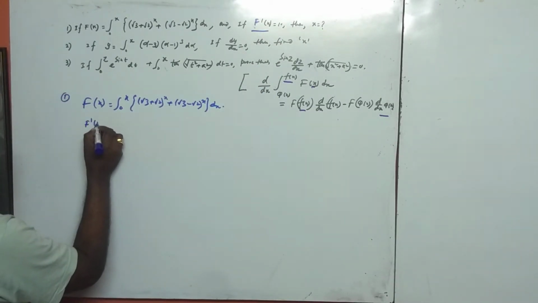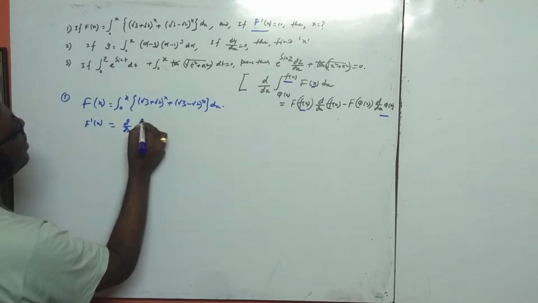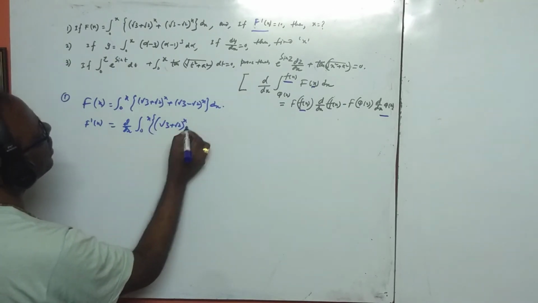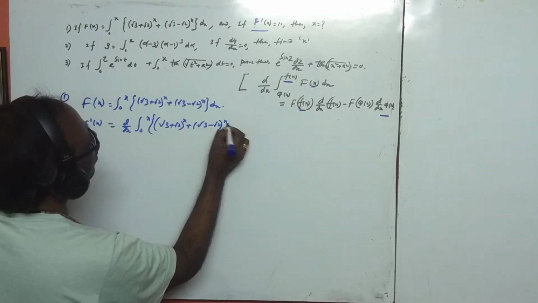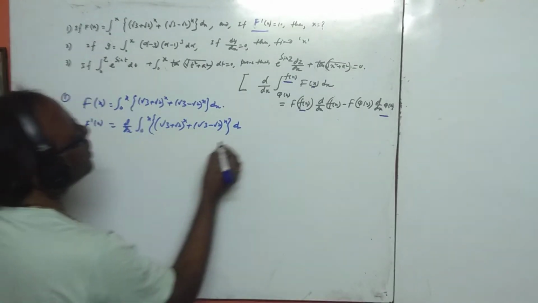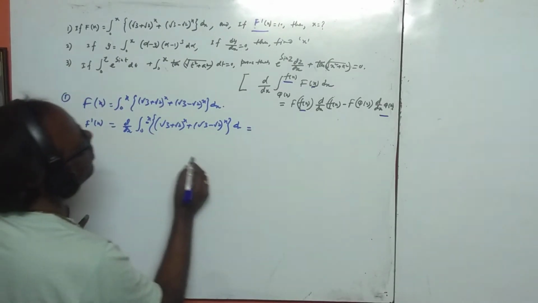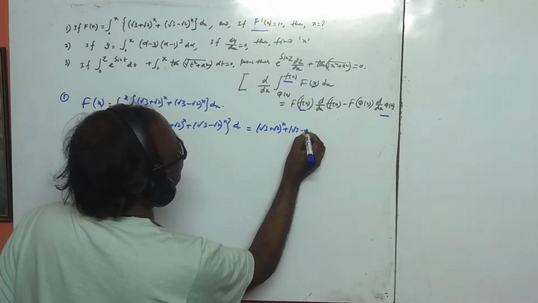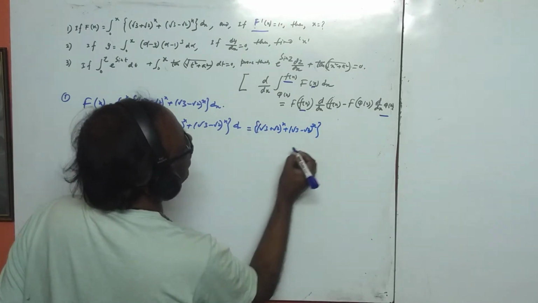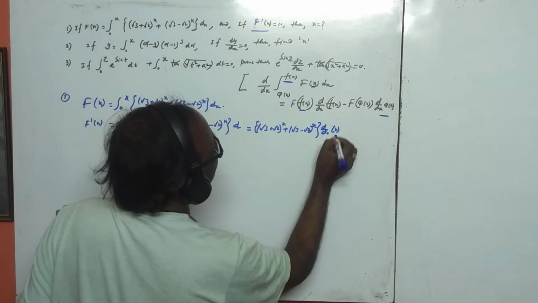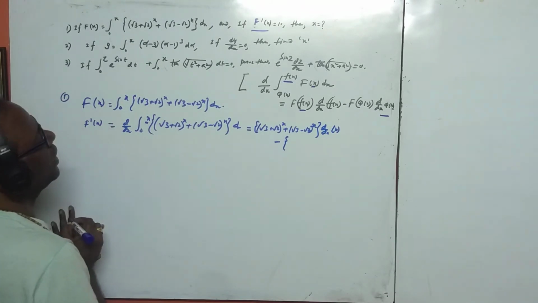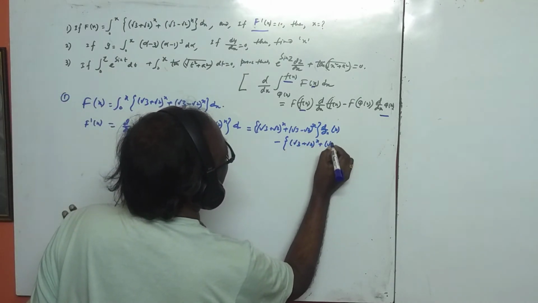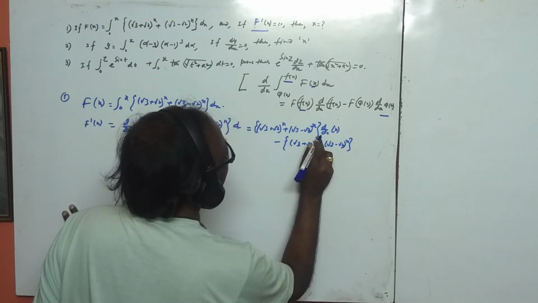So differentiate both sides, that is d/dx of the integral from 0 to x of (root 3 plus root 2) whole to the power x, (root 3 minus root 2) whole to the power x dx, and that is equal to, this is the upper limit, replace in place of x here, that is (root 3 plus root 2) to the power x, (root 3 minus root 2) to the power x, and this is d/dx of x here, and then minus, we apply the lower limit here, that is 0.